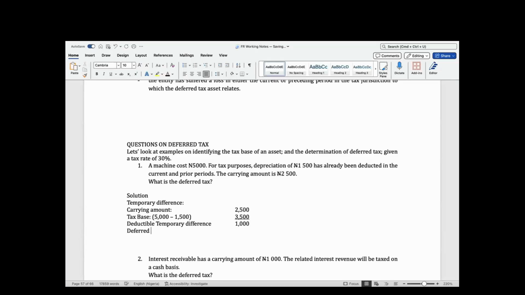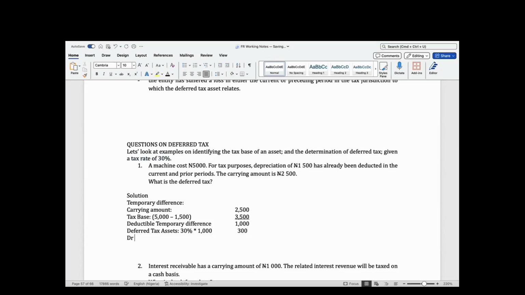And that means I'm going to have a deferred tax asset, which is 30%, given the tax rate of 30%, multiplied by 1,000, and that is 300. And you know that this 300, I'm going to debit, in this case, my income tax to P&L.